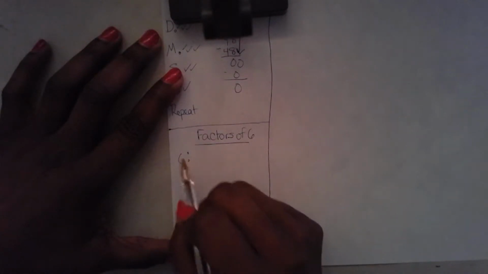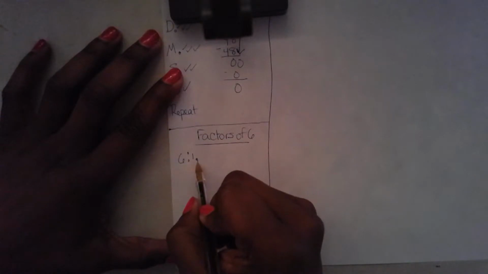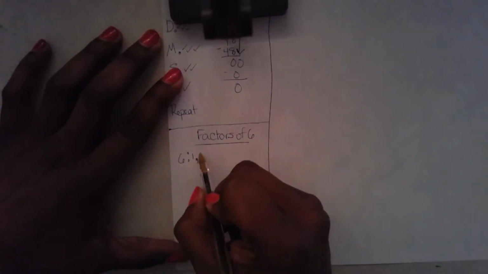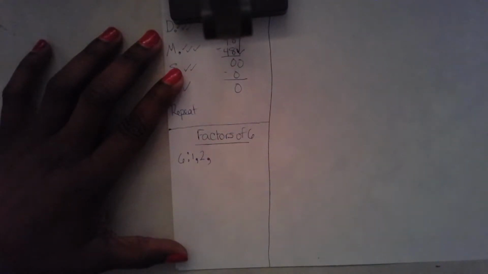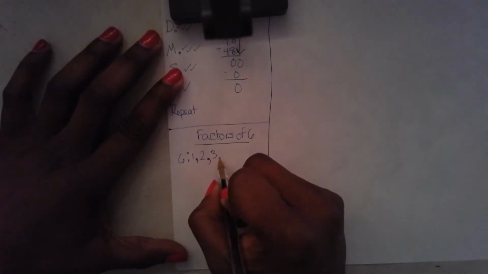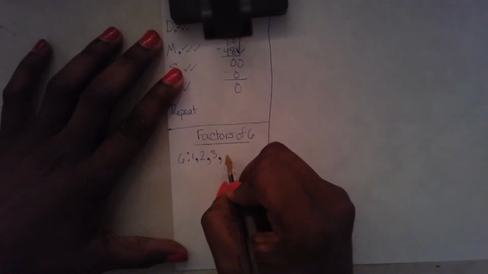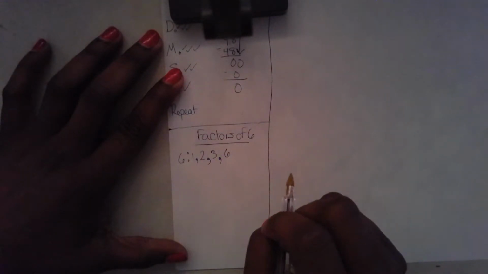Factors are the numbers that are going to make up 6 that I can multiply together. 1 is always going to be in there because of 1 times 6. 2 is in there because of 2 times 3. And I'm going in order counting up from 1 up so I don't miss anything. 3 is going to be in there because 3 times 2 gives us 6. Not 4, not 5, but 6.